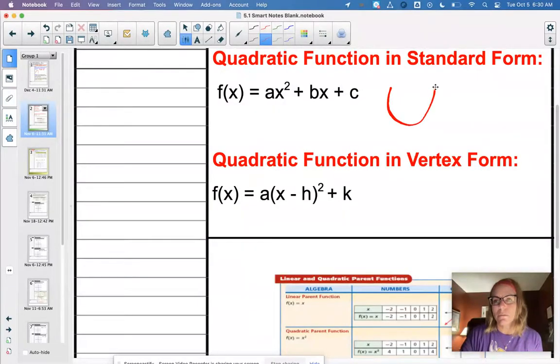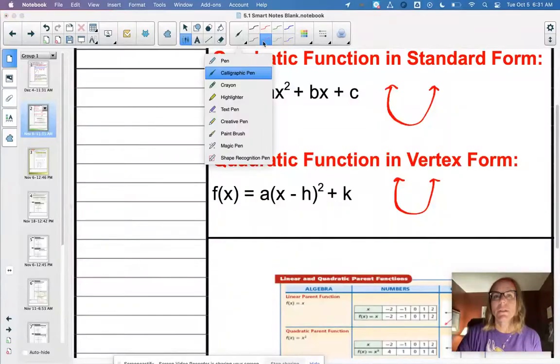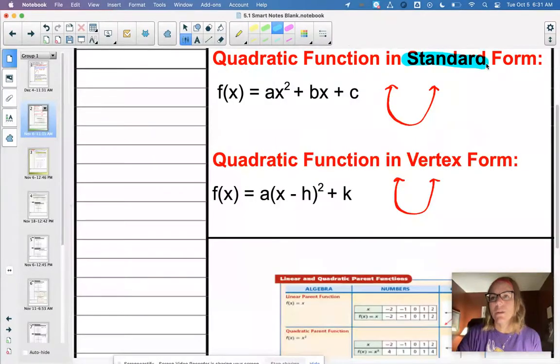So again, that looks like a parabola. And then vertex form. Again, it's a parabola. So we have two forms that we're going to deal with. We have standard form and we have vertex form. And notice they do look different.